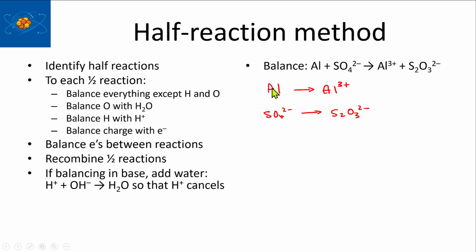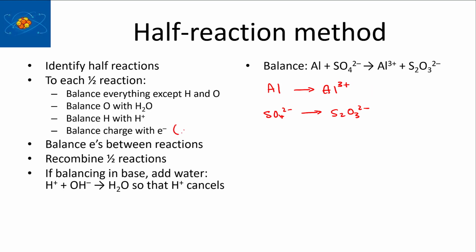And if I'm looking at aluminum and aluminum 3 plus, you balance everything except H and O, and there's nothing else in here. There's no O, there's no H, so I'm all the way down to here in the rules. And so then the last thing is just to balance the charge with electrons. And so I have a 0 charge on the left, so I need 0 on the right. And this is generally how this works.